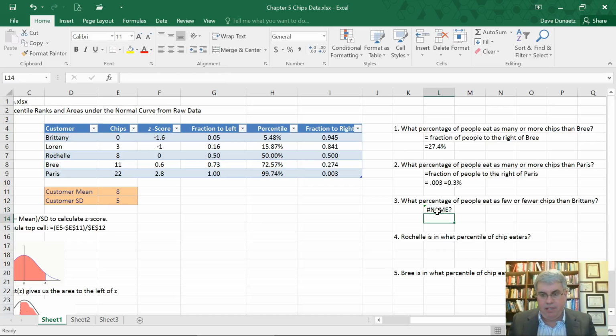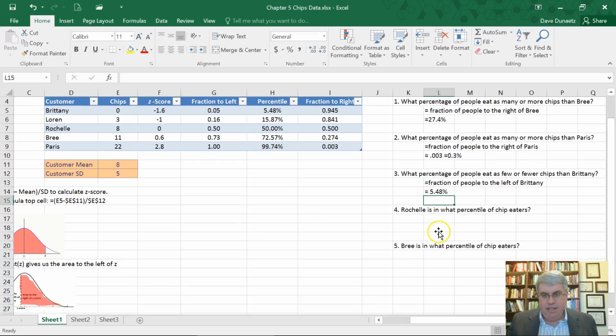And whoops, I didn't put the single quotation mark in there. I'll put it in now. They're now recognized as text. And that would be single quotation equals, and for Brittany, it's 5.48%.